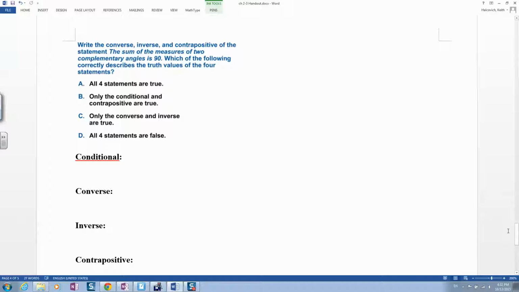All right, let's look at this last one here. Write the converse, inverse and contrapositive statements. The sum of the measures of two complementary angles is 90.